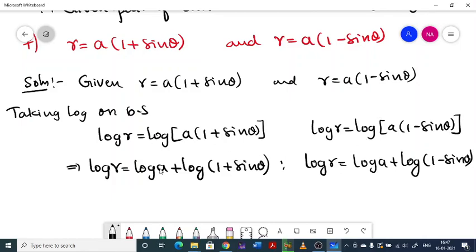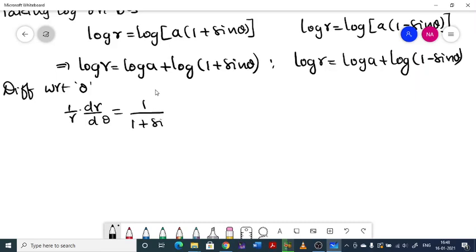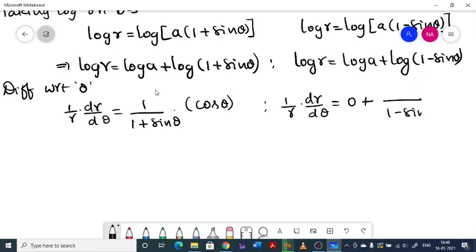Now differentiating both sides with respect to theta, I'll get 1 by r into dr by d theta equal to 1 by 1 plus sin theta into derivative of sin theta, which is cos theta, and this side 1 by r into dr by d theta equal to 0 plus, in the denominator 1 minus sin theta into derivative of minus sin theta, we get minus cos theta.